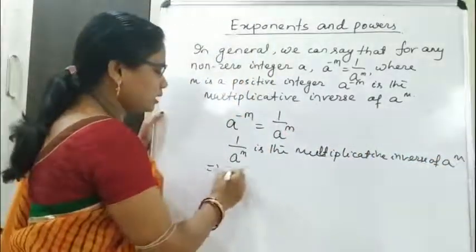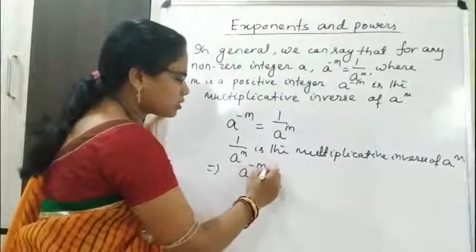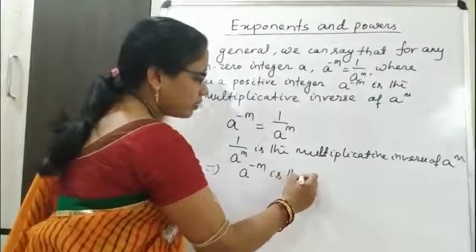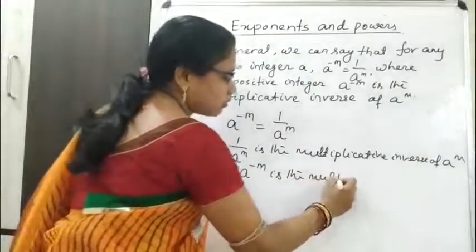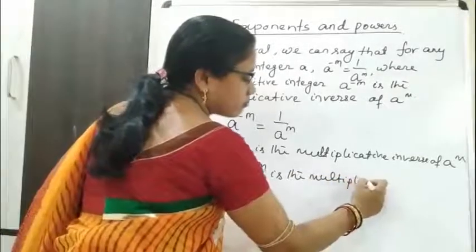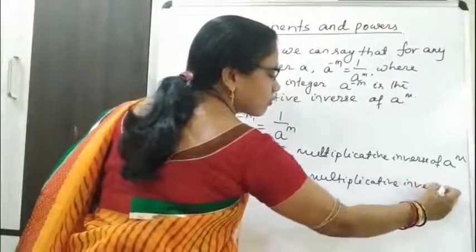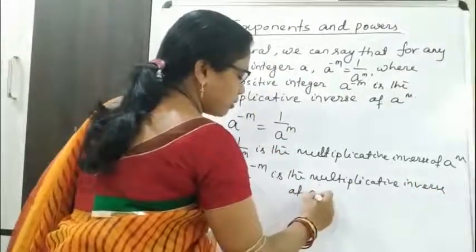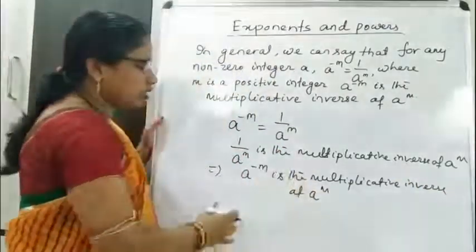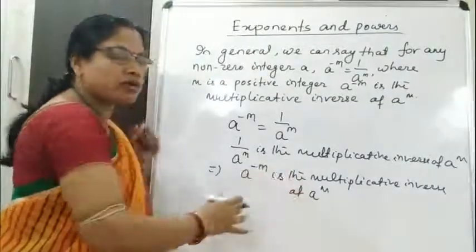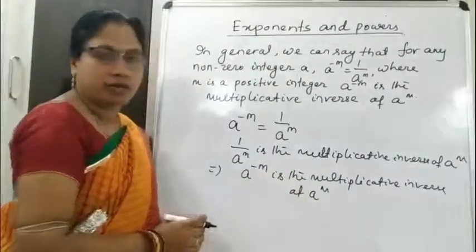So this implies a to the power minus n is the multiplicative inverse of a to the power n. You have to remember this: a to the power minus n is the multiplicative inverse of a to the power n.